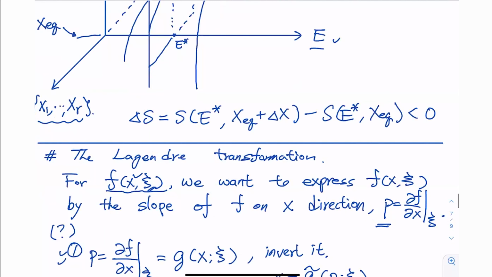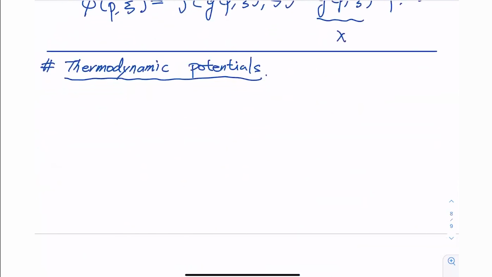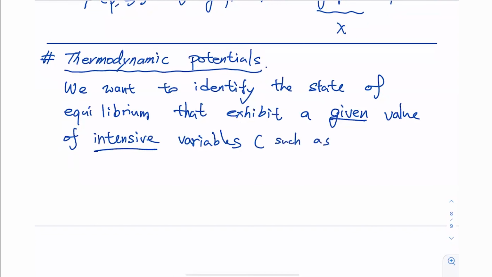Okay, let's continue. The topic that we are trying to discuss is that we want to develop some kind of idea, basically the thermodynamic potential. The purpose is that we want to identify the state of equilibrium that exhibits a given value of intensive variables.